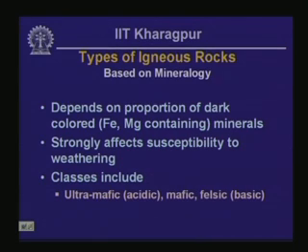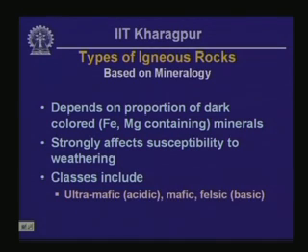I indicated this earlier when I was presenting the different types of plutonic rocks, and there I indicated that the characteristics of a rock will vary over a very wide range depending on what proportion of it is composed of dark colored minerals, the minerals composed of iron and magnesium, as opposed to light colored minerals or felsic minerals composed mainly of silica and alumina.